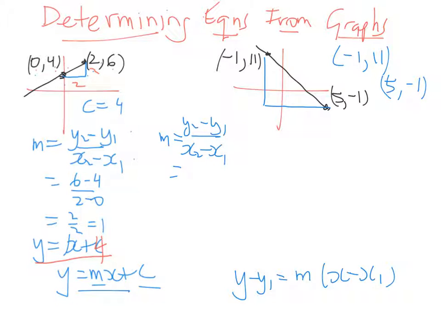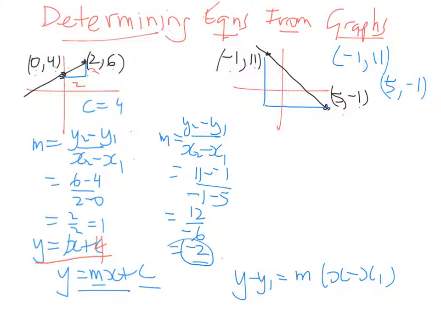So 11 minus -1 over -1 minus 5, and we end up with 12 over -6, so we end up with -2. So that's our gradient.